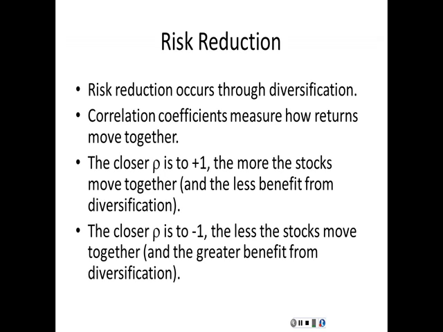When one stock's return is down, the other stock's return is down. So they do the same thing, and you don't really benefit and you can't reduce risk. And when the correlation is closer to -1, that would be like a seesaw. When one stock's return is up, the other stock's return is down, and vice versa. The point is, you reduce some of your overall risk. So the lower the correlation, the greater the diversification.